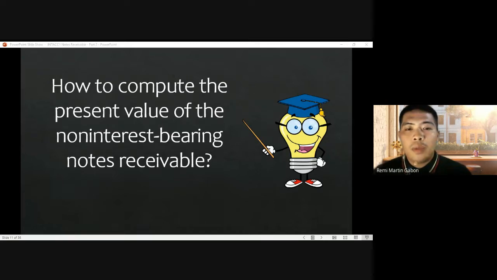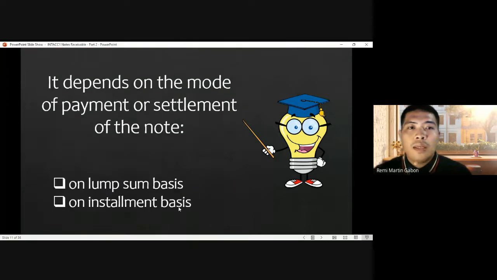So how do you compute the present value? It depends on the payment or settlement of the note. So we also have here the concept of lump sum basis and installment basis. Both interest-bearing and non-interest-bearing notes receivable may be settled on a lump sum or installment basis.